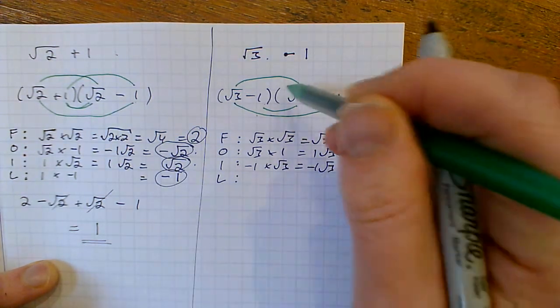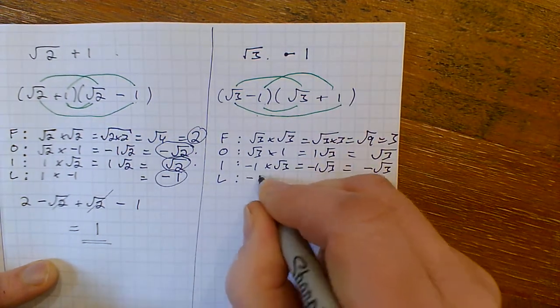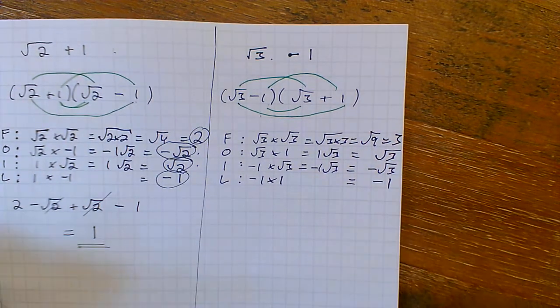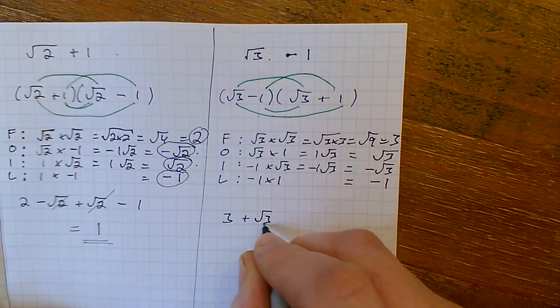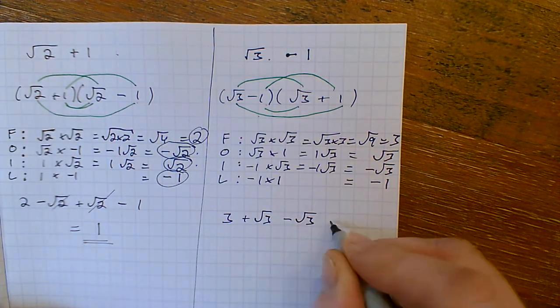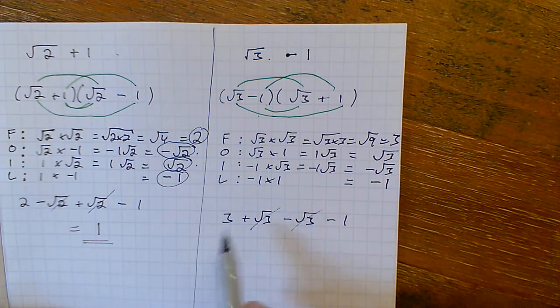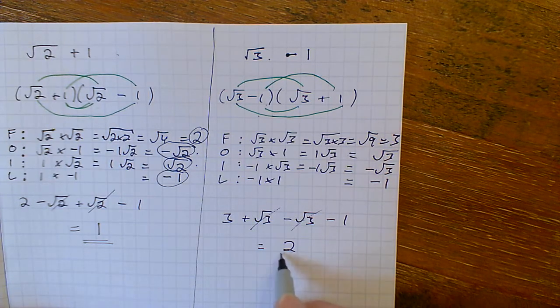And then the two last things in the brackets, negative 1 multiplied by 1, which gives me negative 1. Write the 4 terms out. I've got 3 plus root 3, subtract root 3, subtract 1. The 2 root 3's cancel. 3 subtract 1 equals 2.